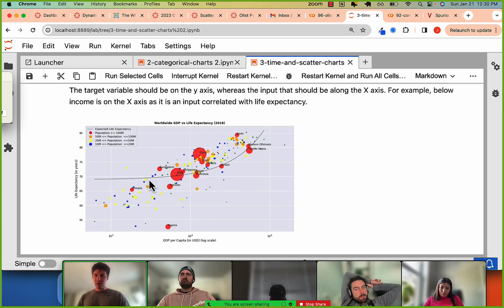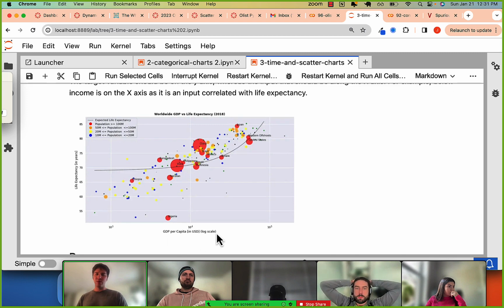So here it is life expectancy as a factor of GDP per capita. The x in these scatter charts always implies a causation, even though, as we'll talk about, that's not always the case. But when implying a causation, you want to put the input, what's causing the output, on the x-axis and the output on the y-axis.